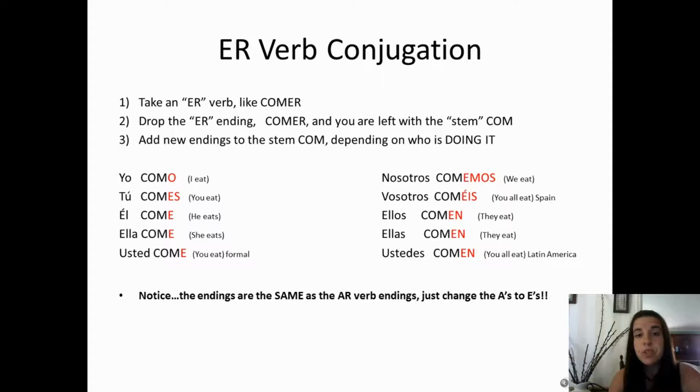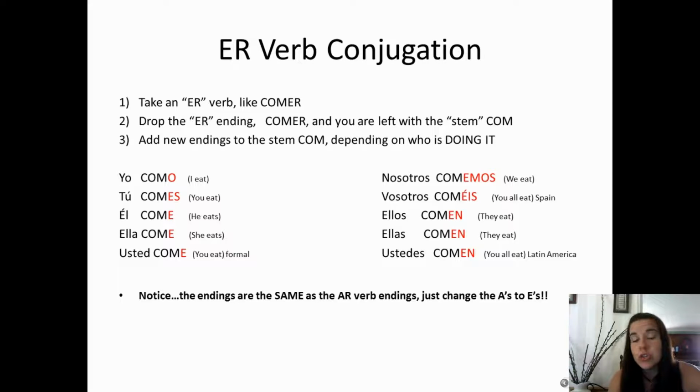For tú, you add an ES. Tú comes. You eat. For él, ella, and usted, you add an E to the end of the verb. Come. Él come, he eats. Ella come, she eats. Usted come, you formal eat.